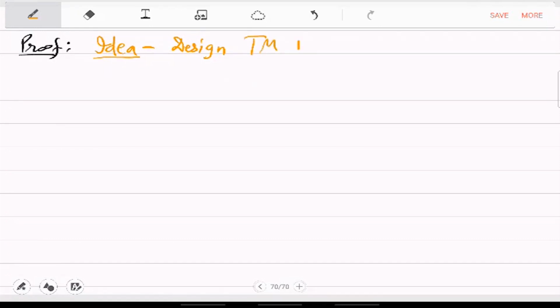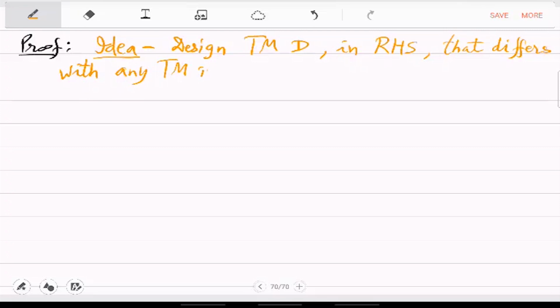So design this extra Turing machine D in the RHS that differs with the LHS, but very rarely, on very rare inputs.